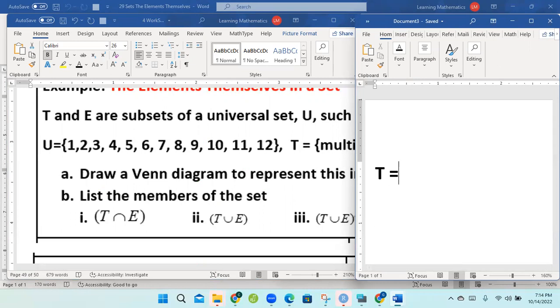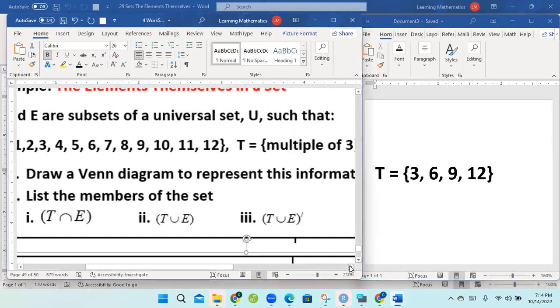T is equal to, using curly brackets for a set, 3, 6, 9, and 12. Multiples mean numbers that 3 can go into without leaving a remainder.